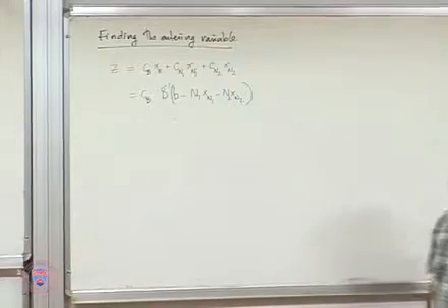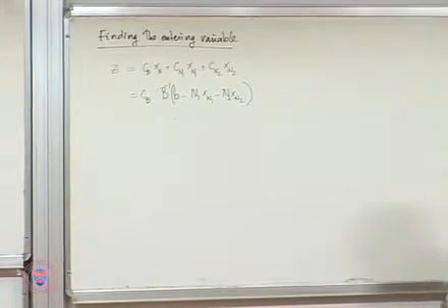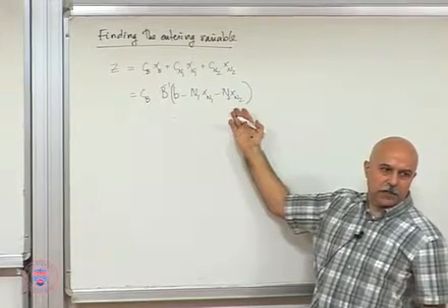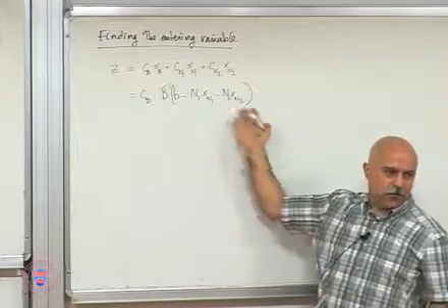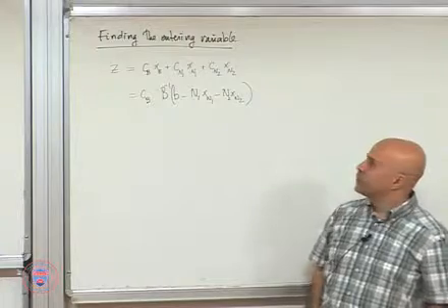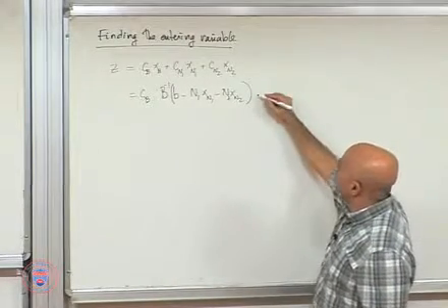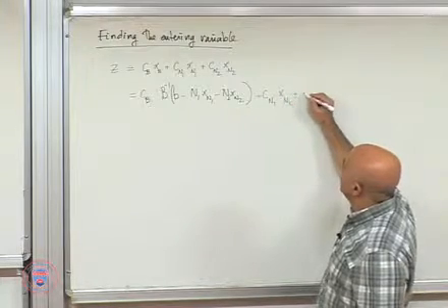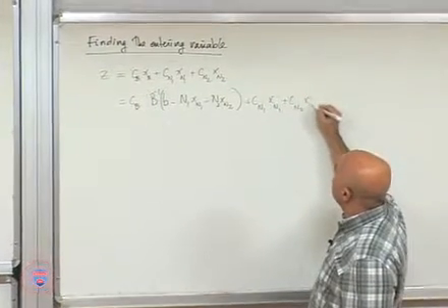That's your xB as dependent on xN. Why do I make it this way? Well, this ensures that you satisfy Ax equals b. That's the only way you can satisfy that. Okay? Plus Cn1 xn1 plus Cn2 xn2.